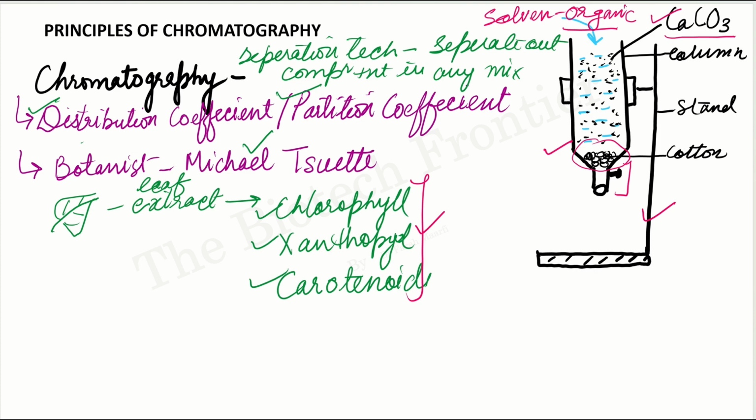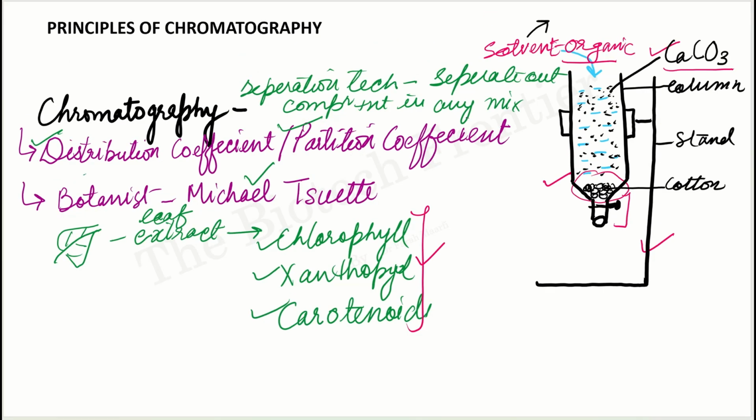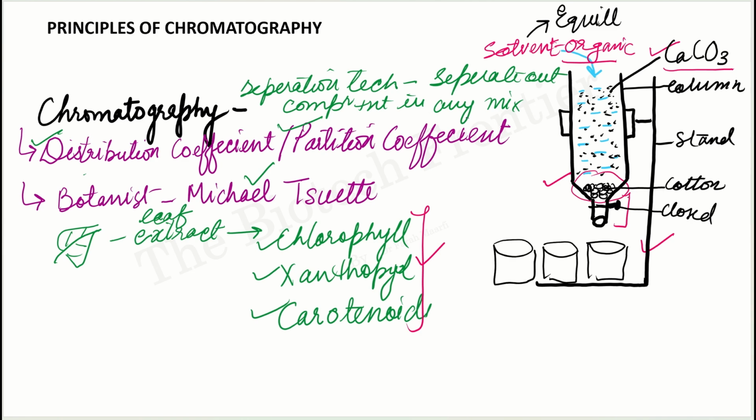The purpose of this solvent is to equilibrate the column. Initially, Michael kept the knob in a closed position, and placed 3 to 4 beakers at the bottom of the column to collect the separated components in a serial manner.